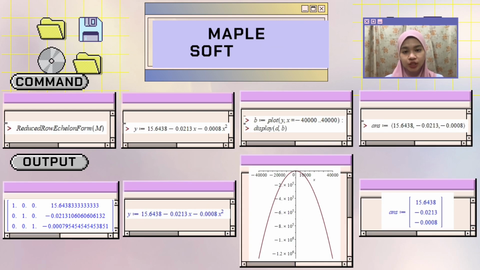We need to reduce M to row echelon form, and then we get the answer for the best quadratic curve. Then for the answer we have to declare y, and then we have to plot the graph using the function plot of x, y, and then the range is negative 40,000 until 40,000, and then we use the function display, and then the graph will be generated.